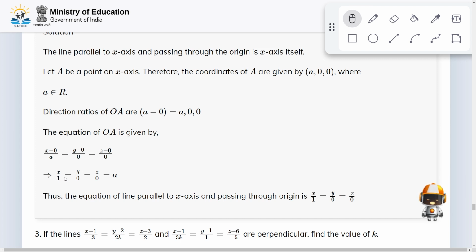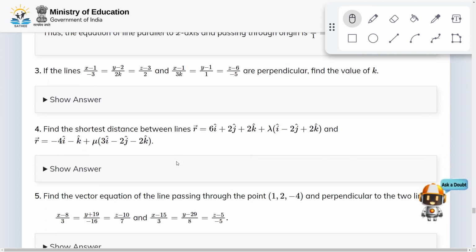This gives you x by 1 equals y by 0 equals z by 0 equals some scalar a. Thus the equation of a line parallel to the x-axis in Cartesian form through the origin will be x by a equals y by 0 equals z by 0. Clear?